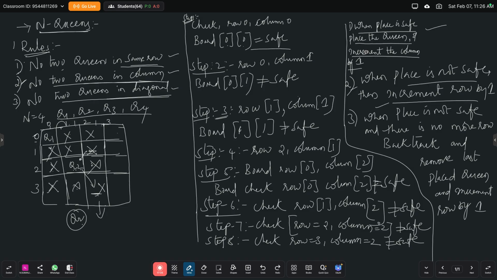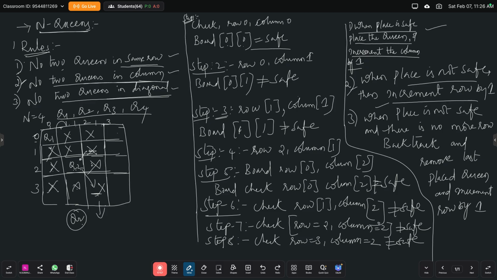Again, there are 3 rules. Whenever we find a safe place on the board, we can place our queen. After placing our queen, we increment the column by 1, not the row. Why are we incrementing the column? Our second rule is no two queens in the same column.